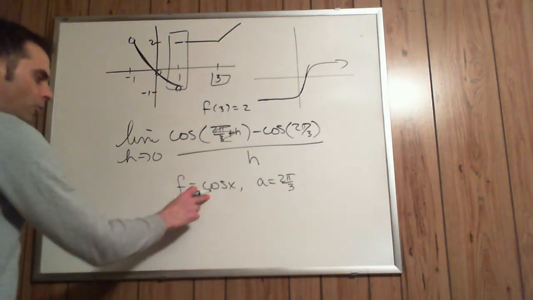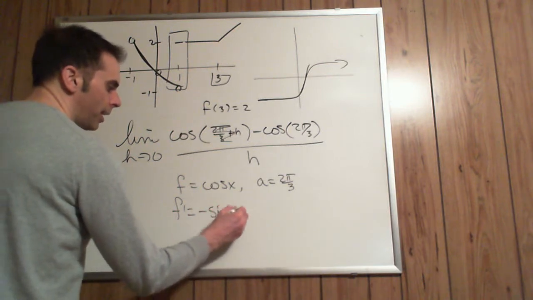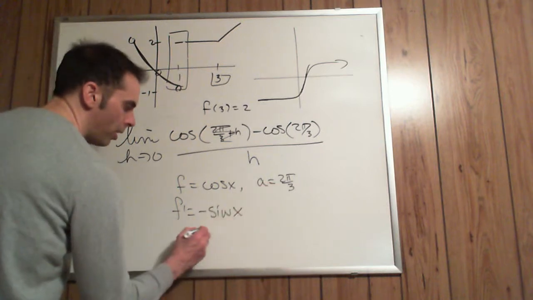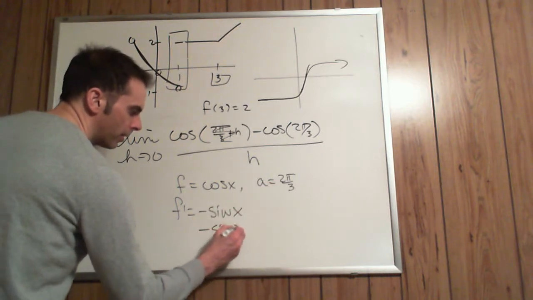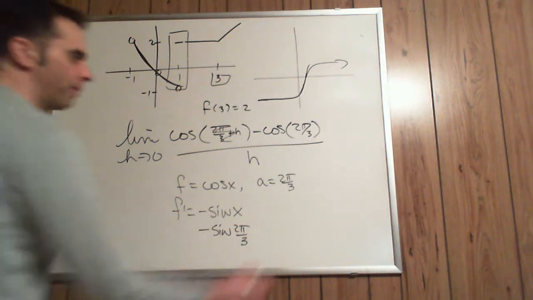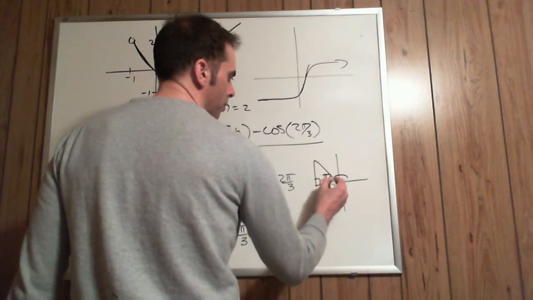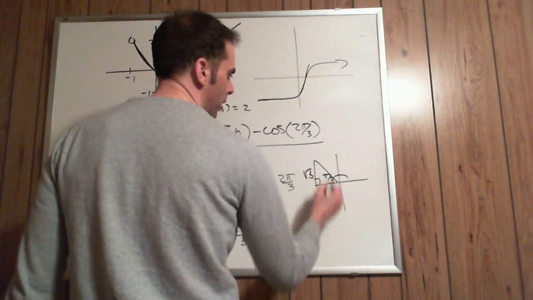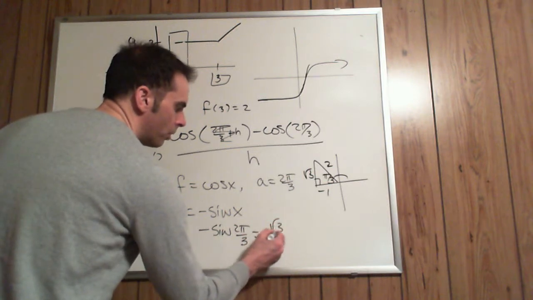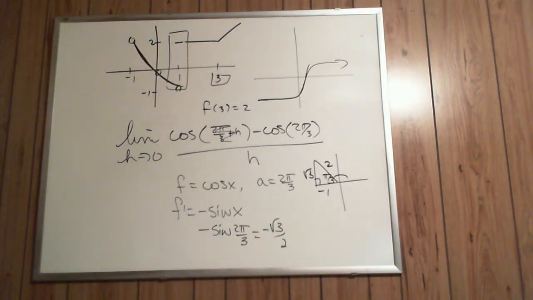So this is the function. Its derivative is negative sine x, and then I replace x with 2 pi over 3, and I evaluate the sine of 2 pi over 3. So this is 2 pi over 3, root 3, negative 1, 2. Sine will be root 3 over 2 times the negative. So that would be negative root 3 over 2.